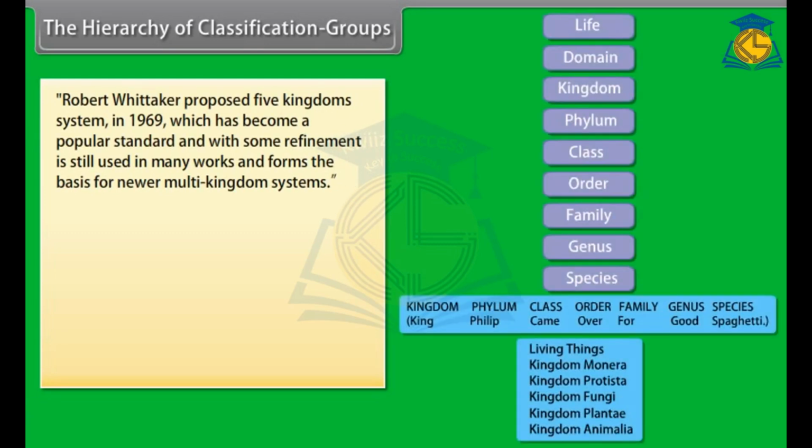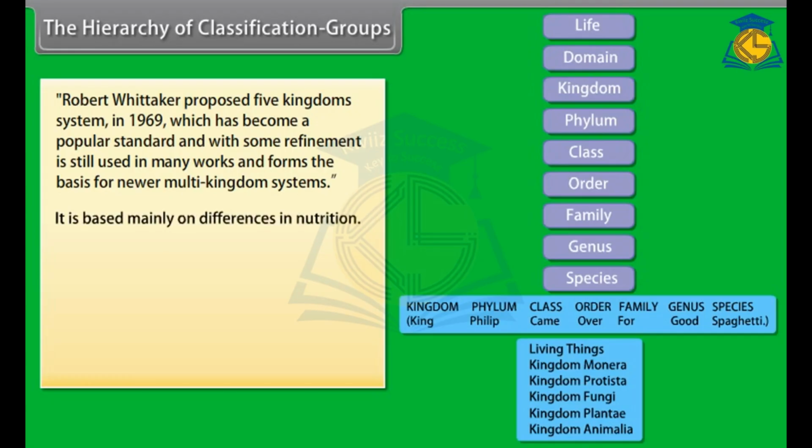Robert Whittaker proposed the 5-kingdom system in 1969, which has become a popular standard and, with some refinement, is still used in many works and forms the basis for newer multi-kingdom systems.